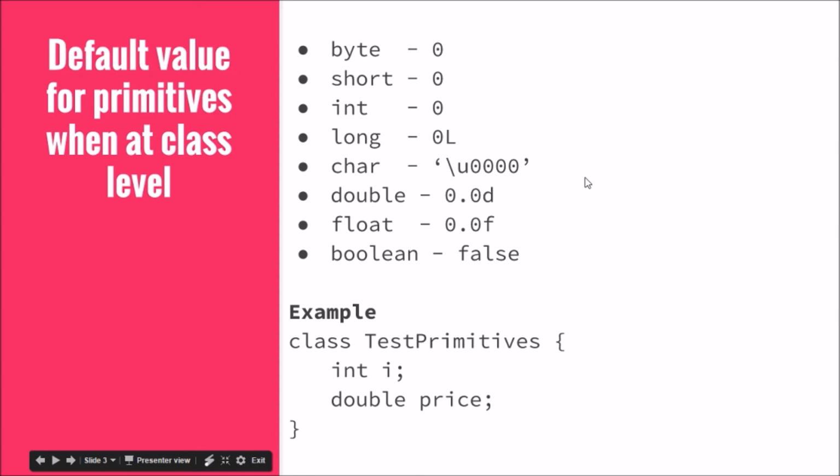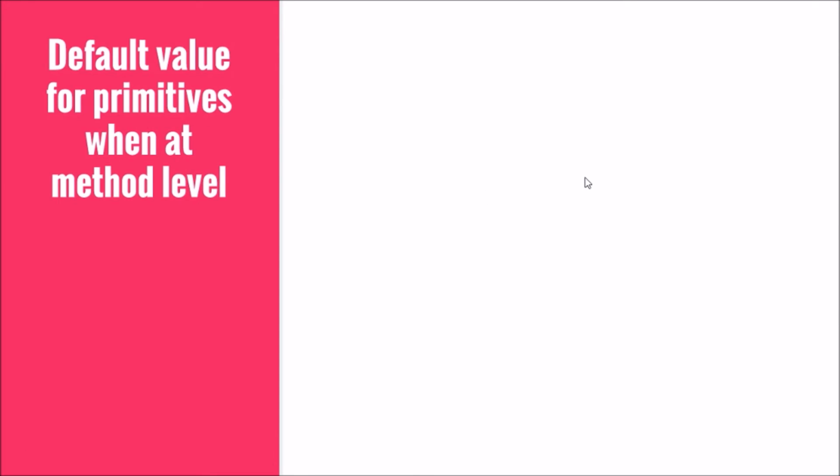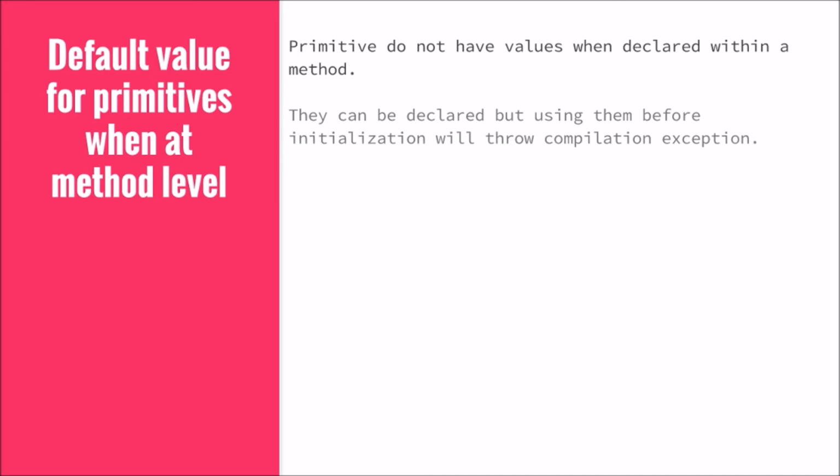Now let's see what happens when you declare primitives at method level. Primitives do not have values by default when declared within a method. That means if you just declare int i and do not store anything within a method, i will not get any value. They can be declared, but if you use them before initialization, you will get a compilation error.